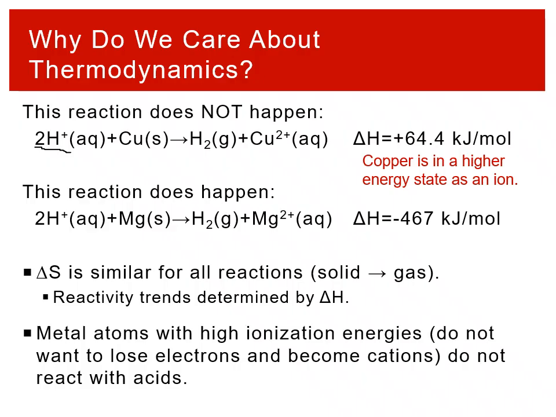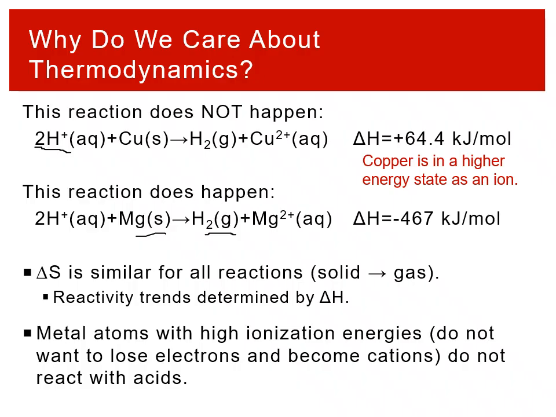So the delta S for all these different reactions is very similar, because one solid reactant becomes one gas product. You get a huge increase in delta S because you make gas. But across these different reactions, they all have roughly the same delta S. That means the variability in the spontaneity can be explained by just the delta H trends.